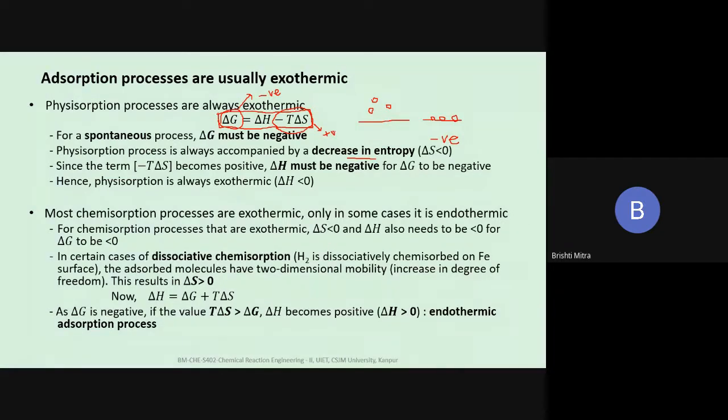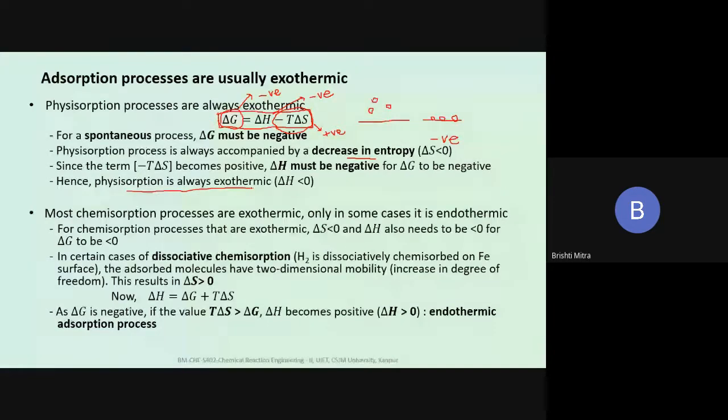So delta G can be negative only when delta H is also negative. If delta H is sufficiently negative and larger in magnitude than the positive value of T delta S, then only will my delta G become negative. So delta G being less than 0 essentially means that my physisorption process is exothermic in nature.